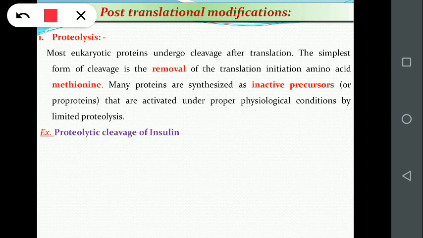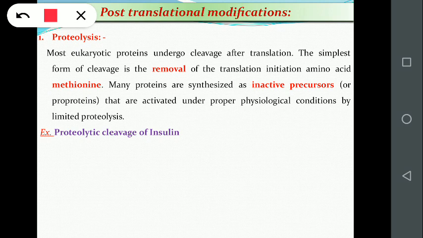For example, enzymes like digestive enzymes: we have in the syllabus zymogen activation in enzymology, where precursor inactive proteins are synthesized, which are completely inactive.